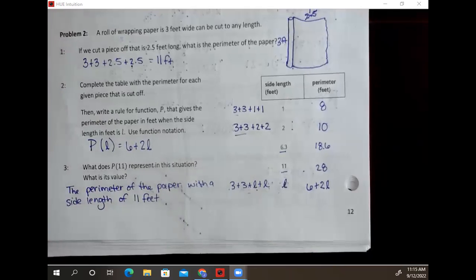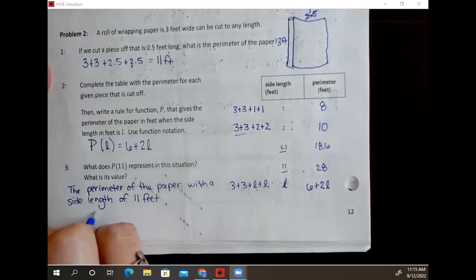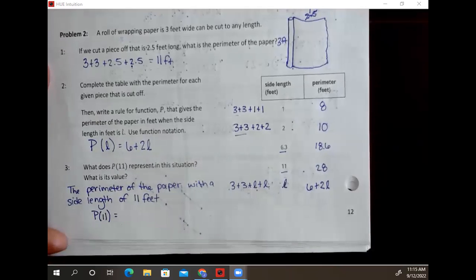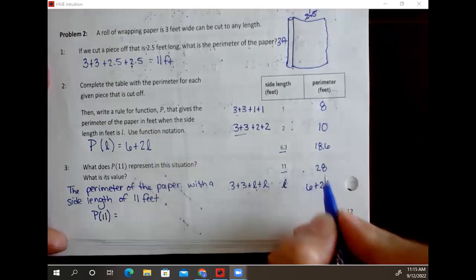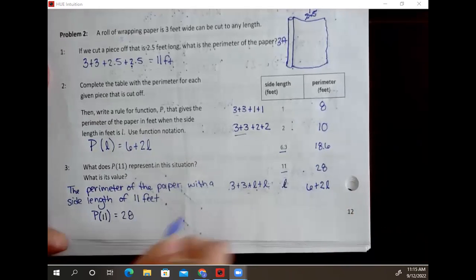And then it says, what is the value of this? So P of 11 equals, you did this already, 28, yeah? So 28 feet would be our perimeter.